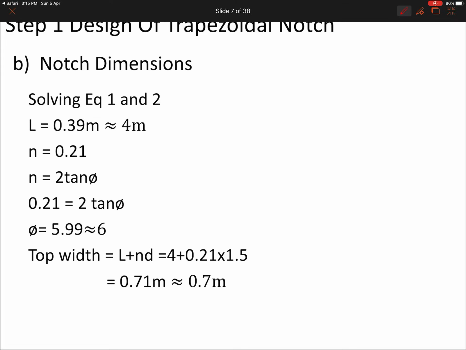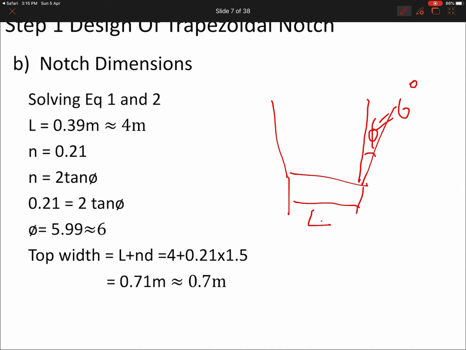Here this is L, and we have this angle as theta, which is found out as 6 degree. So this total width will be equal to L plus ND. Okay, top width. So finding out, you will get top width as 0.7 meter.